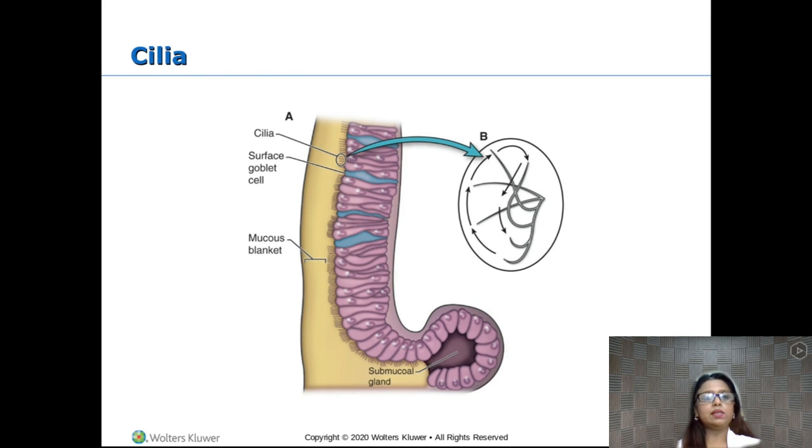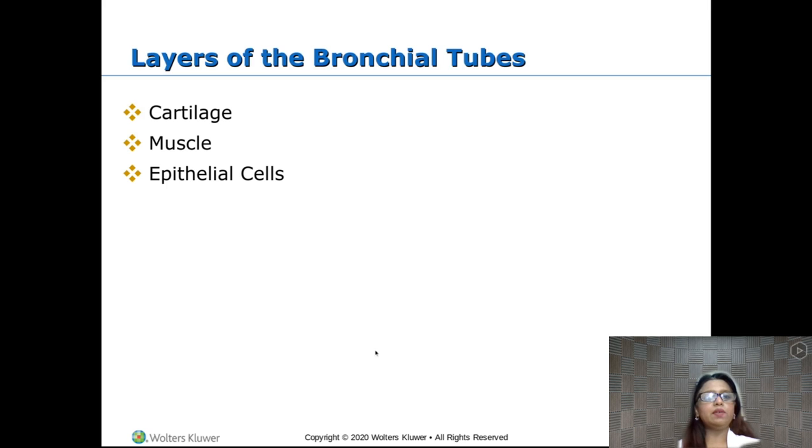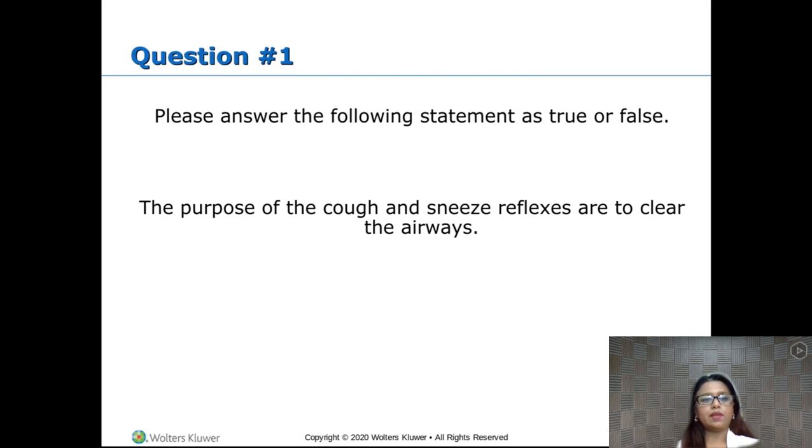Cilia are fine hair-like structures in the nasal passage, with the surface cells and mucous cells underneath. The layers of the bronchial tubes are made of cartilage, some muscle, and some epithelial cells. The purpose of the cough and sneeze reflex is to clear the airway. True.